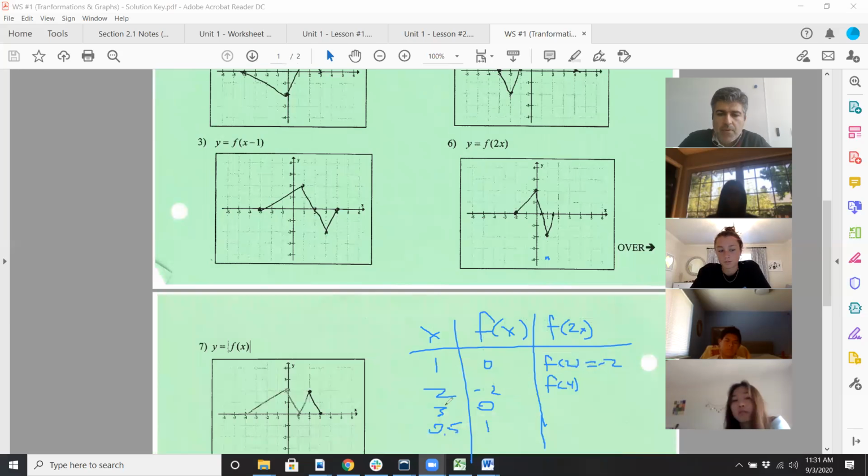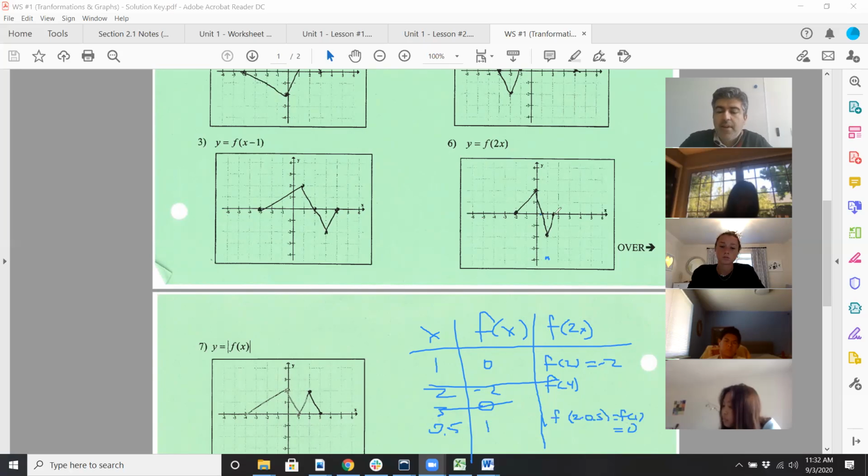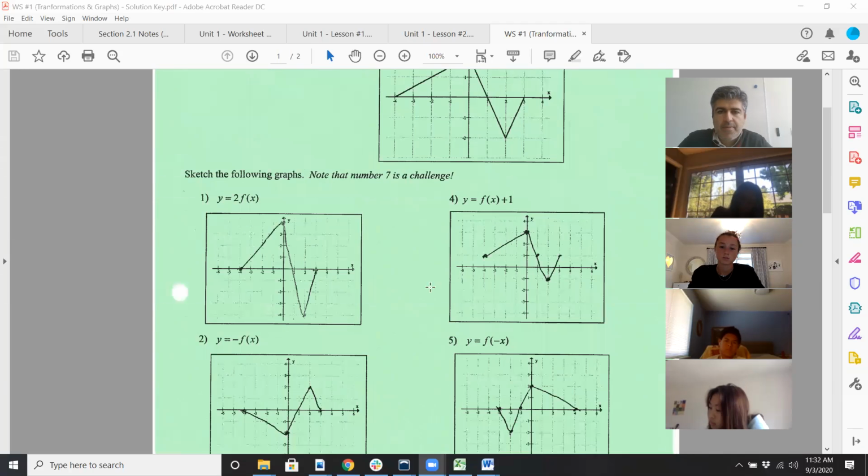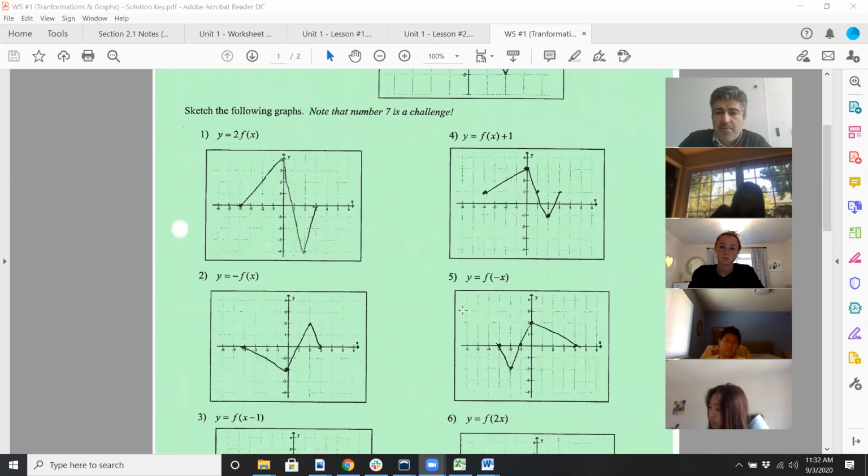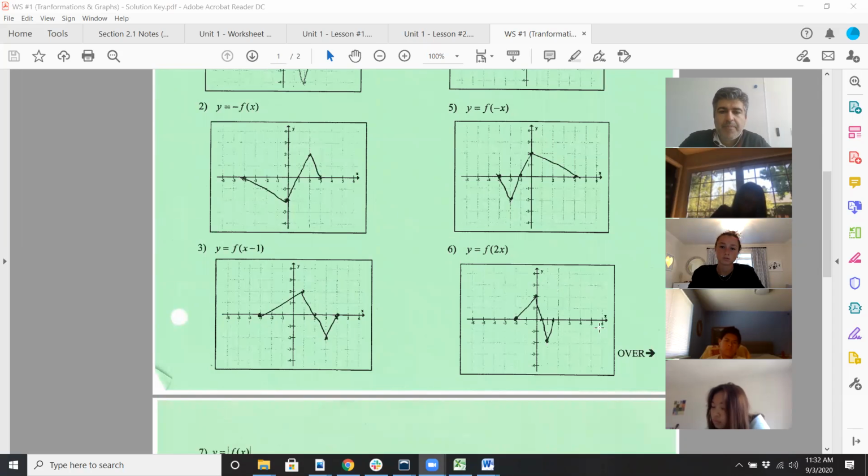So now if you do f of 2 times 0.5, which of course is f of 1, f of 1 we know is 0. So that's why we see a point at (0.5, 0). So you can still do that same process of making a table, but I think it's better to visualize it and just realize, hey, I'm just dividing these x values by 2, and they just come in.